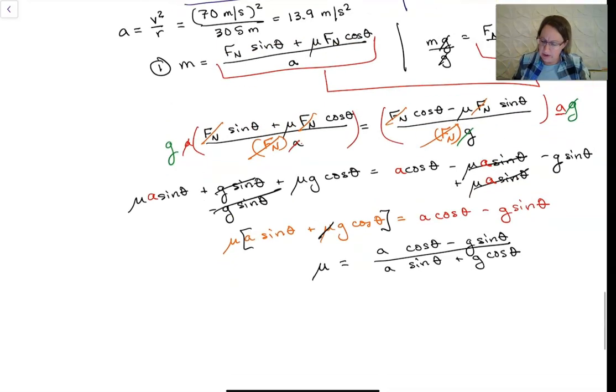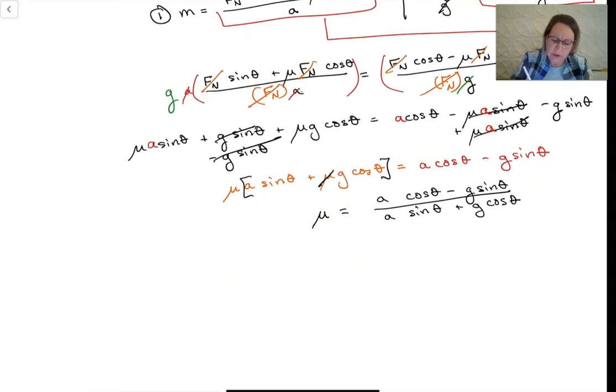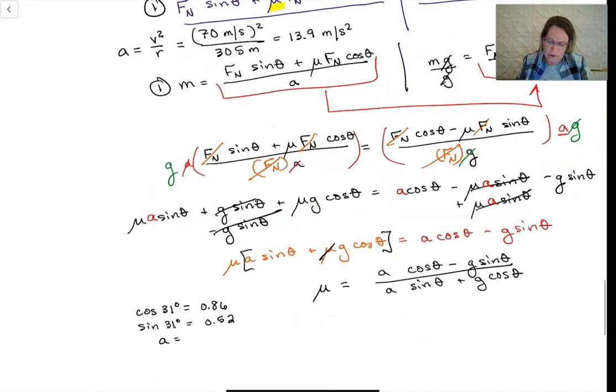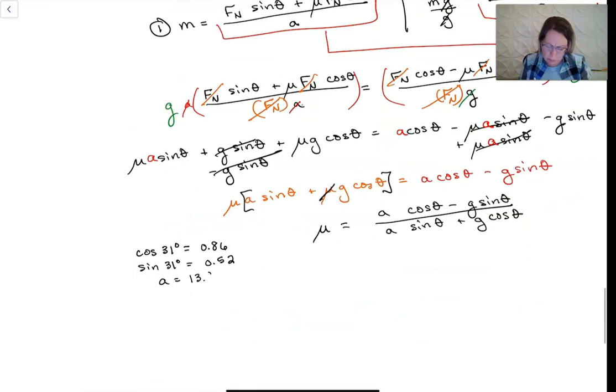Okay, sticking some numbers in is what we have left to do, and I have that cosine of 31 degrees is 0.86, sine of 31 degrees is 0.52. Our acceleration we found to be 13.9 meters per second squared, and g of course is 9.8 meters per second squared.